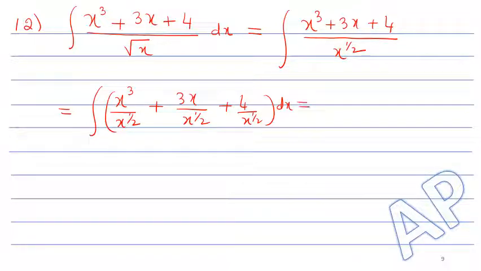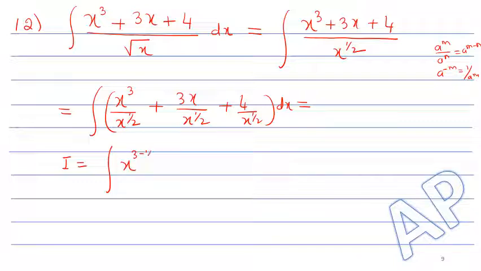Now we have to integrate each term separately. Also, if a to the power of m by a to the power of n, it is a to the power of m minus n, and a to the power of minus m equals 1 by a to the power of m. I will use these properties.